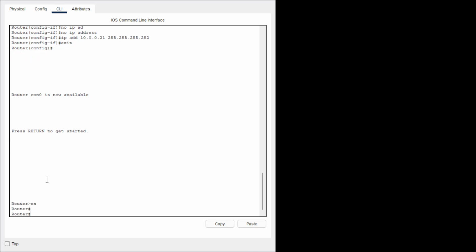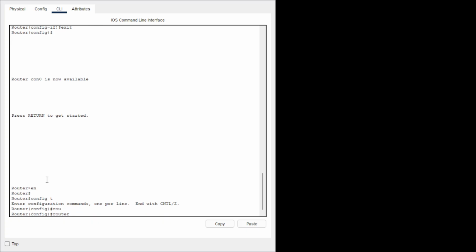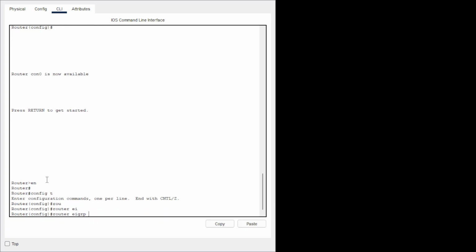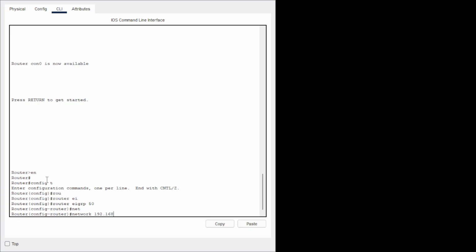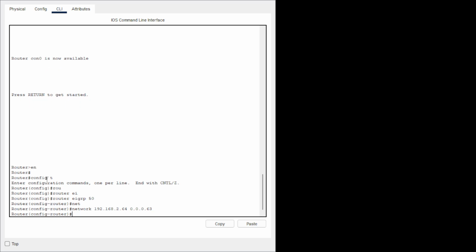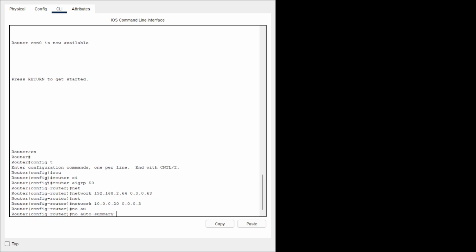Enable, config t, router EIGRP with ASN number 50 and network 192.168.2.64 wildcard mask 0.0.0.63. The second network is 10.0.0.20 with wildcard 0.0.0.3, and no auto-summary.